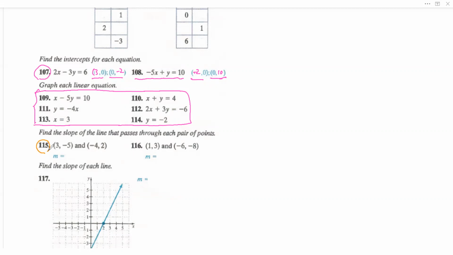115 here. So actually they give two dots, find the slope. Let me remind you to use the slope formula, right? y2 minus y1 over x2 minus x1. For the first one, these are x1, y1, x2, y2, right?